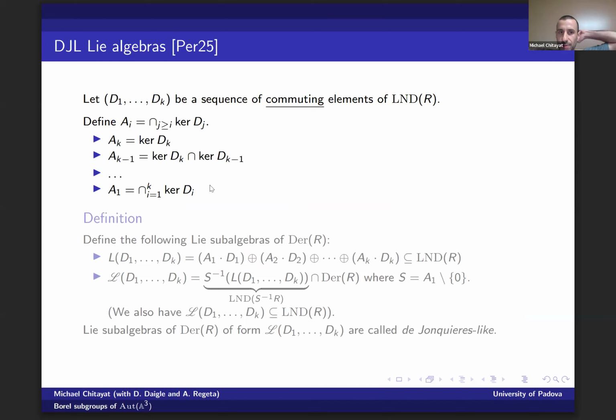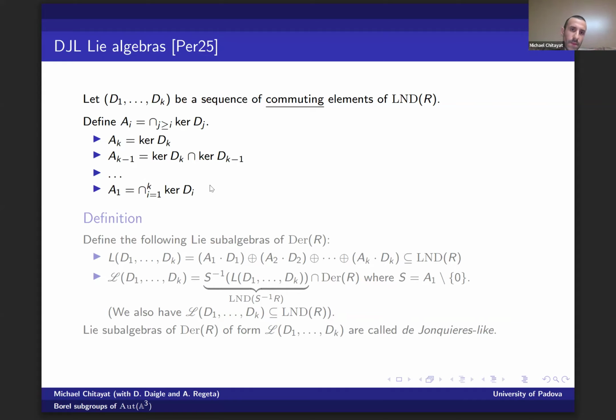So now I want to introduce something called de Jonquières-like Lie algebras, and these were introduced by Perepechko in a very nice paper where he proves a correspondence between maximal nested unipotent subgroups and maximal de Jonquières-like Lie algebras.